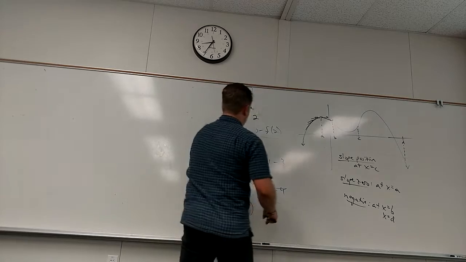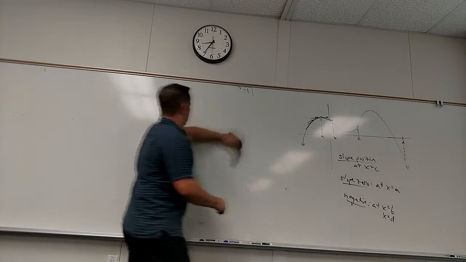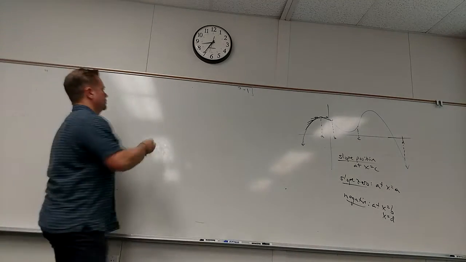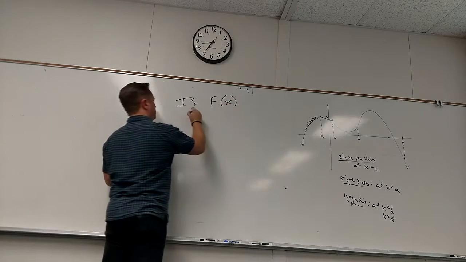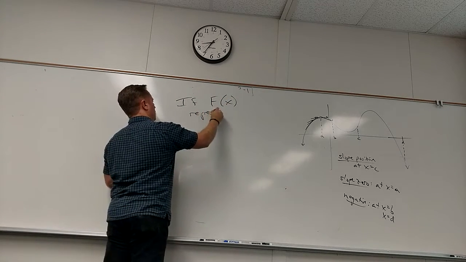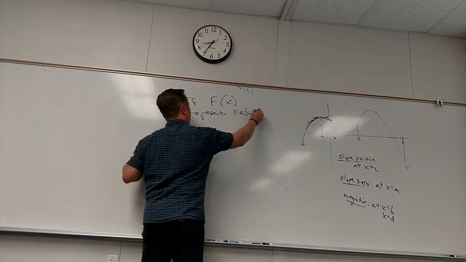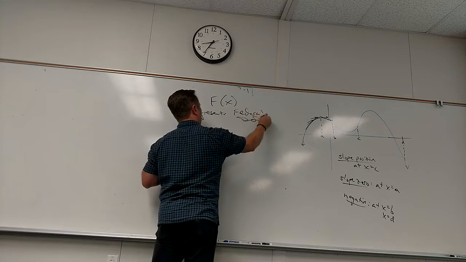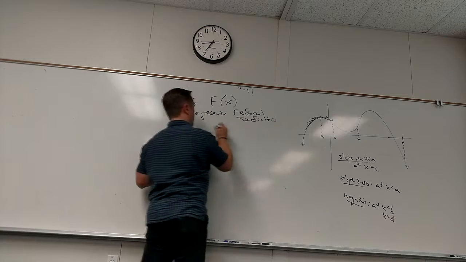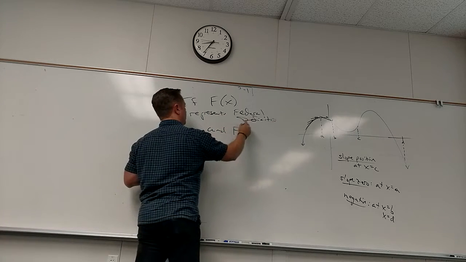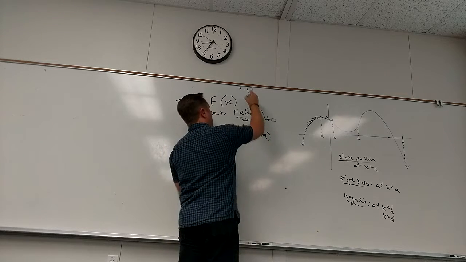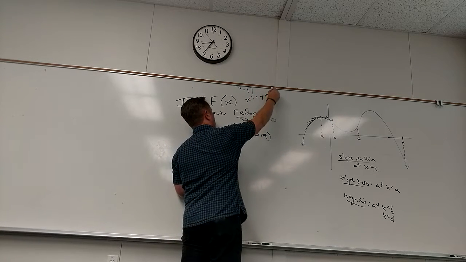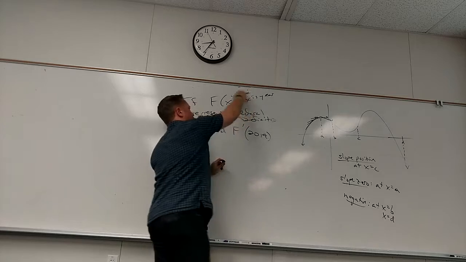Here's one more thing I want to show you. If capital F of x represents, let's say, the federal deficit, and F prime of 2019, let's say that x is the year we're in, or the year you're interested in.